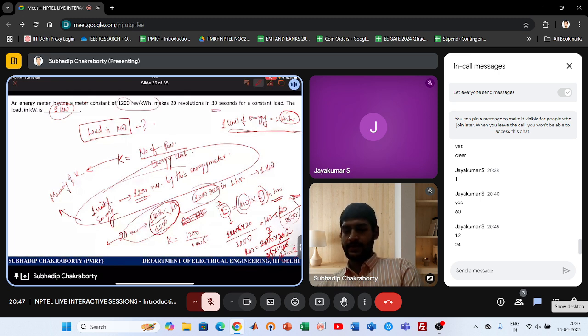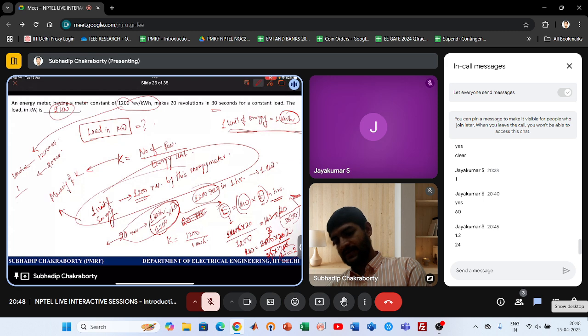Understood, right? So simply from the energy meter constant, you know that 1 kilowatt hour it will record if it is allowed to revolve 1200 revolutions. But I told you only 20 revolutions. So 1 by 1200 into 20 kilowatt hour will be the reading. Now I know also that energy is kilowatt hour, kilowatt into time in hour.